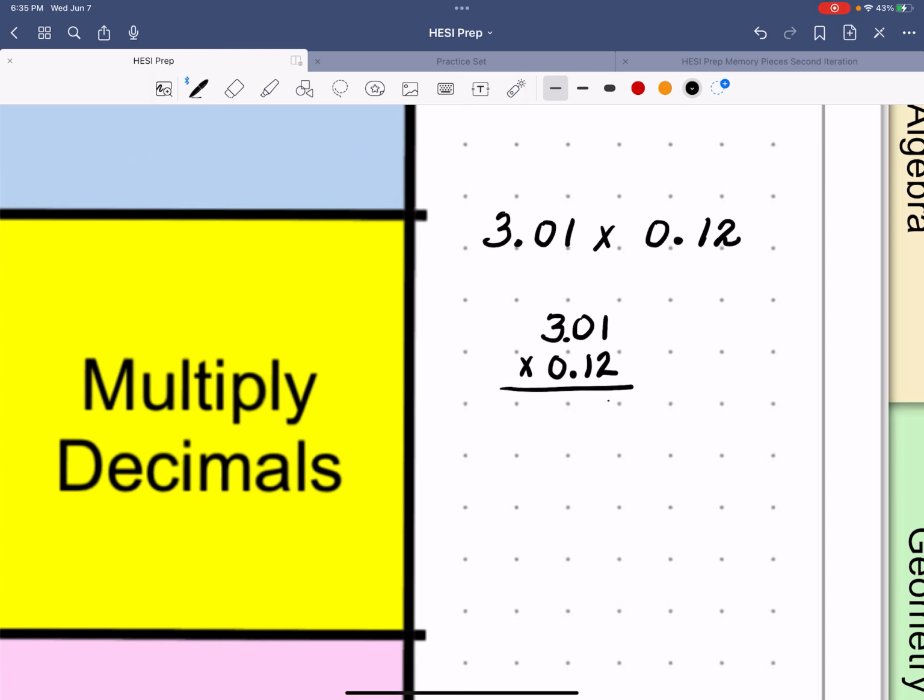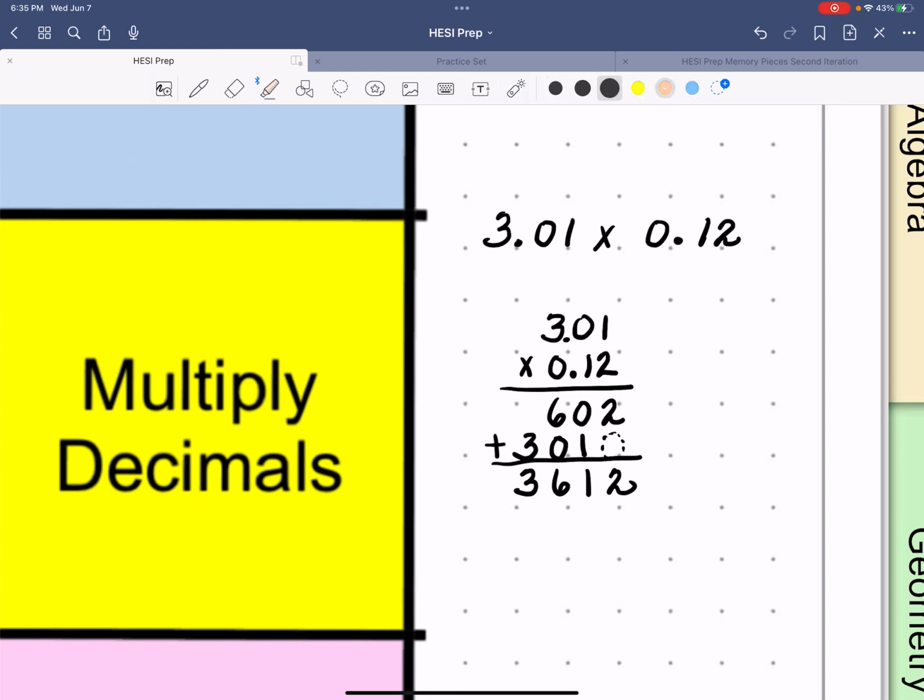So 2 times 1 is 2, 2 times 0 is 0, 2 times 3 is 6. Add a 0 to move over. 1 times 1 is 1, 1 times 0 is 0, 1 times 3 is 3, and you add the partial products. So you get 2, 1, 6, and 3.